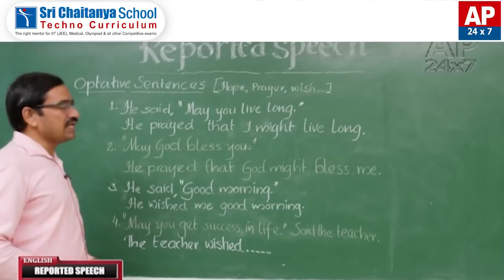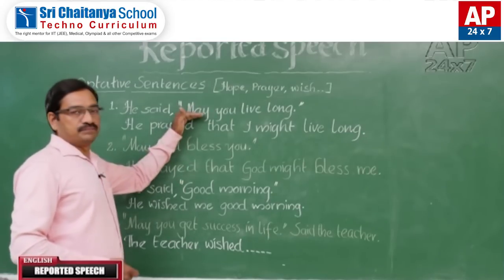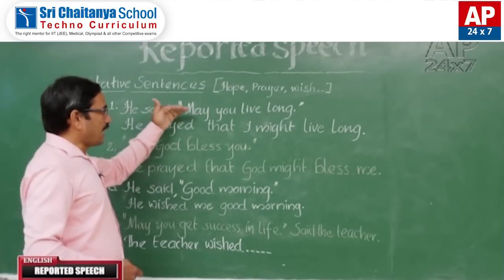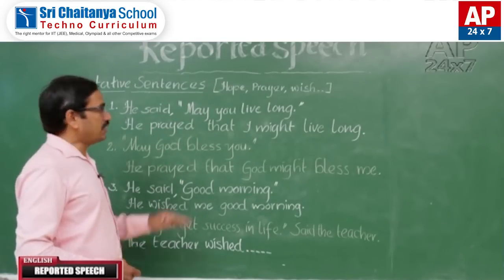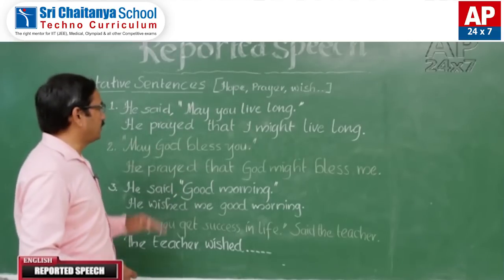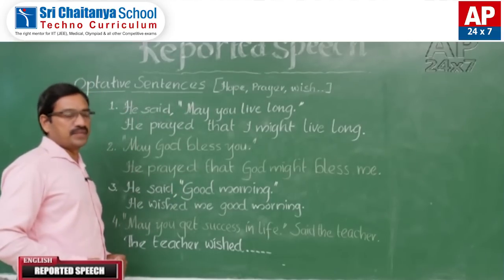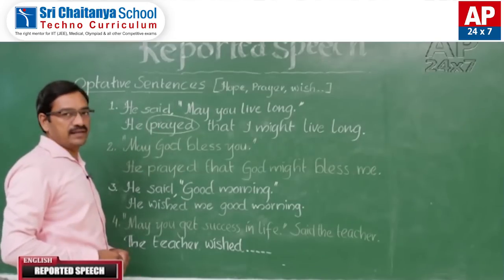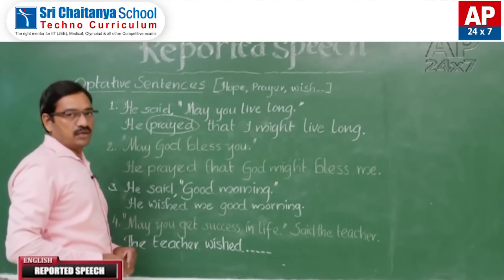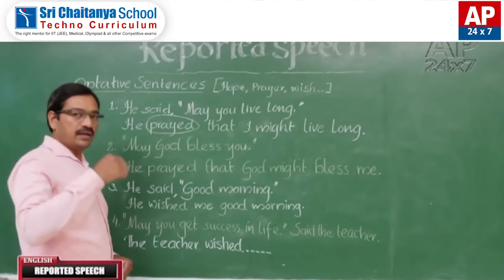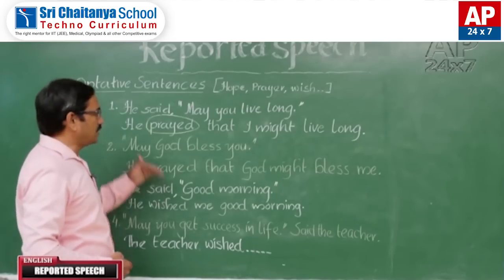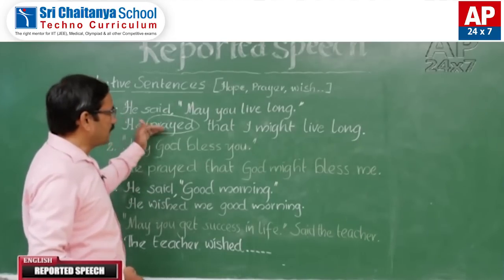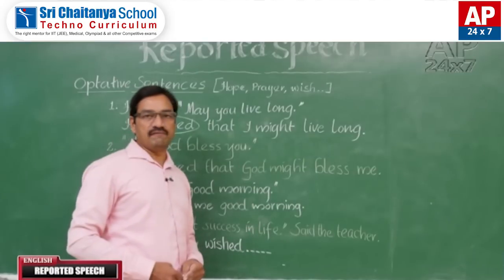He said, may you live long. So, it is a prayer. Here we do not apply the basic rule, he said that. Instead, we have included a new word here, he prayed, that shows it is an optative form, it is a prayer that you may live long. So, we have changed the reported speech into he prayed that I might live long.